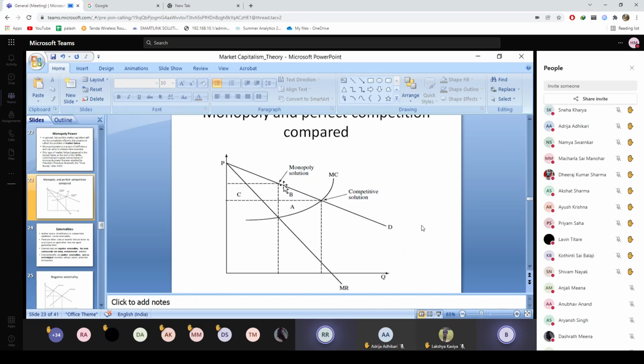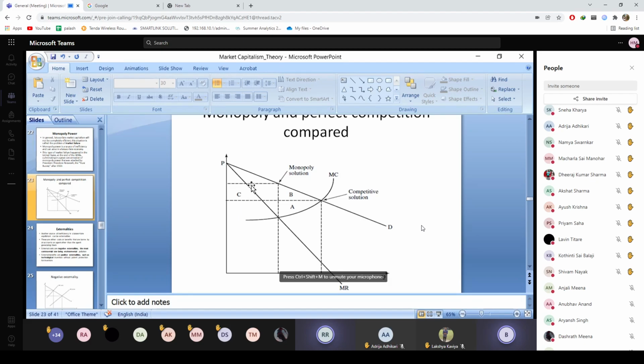If you compare the monopoly solution and the perfectly competitive market solution, you can very clearly see that under perfect competition you have higher consumer surplus, that is this part, and also a higher level of producer surplus as well. Whereas in the monopoly equilibrium, the price is higher, which comes at the expense of consumer surplus.